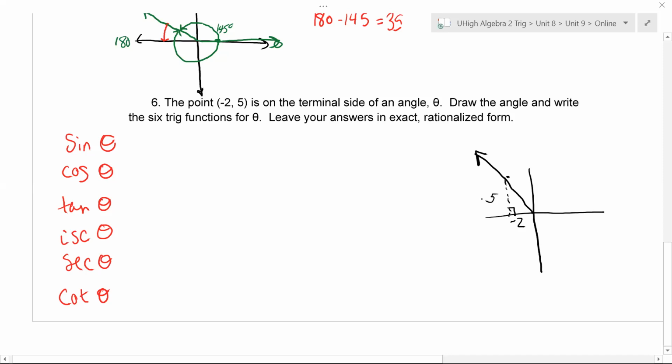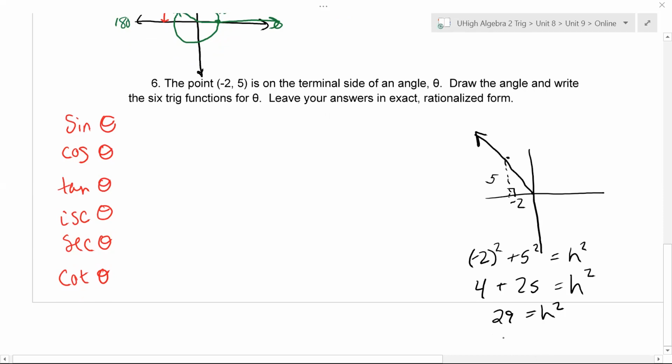So now I could do the Pythagorean theorem to find my hypotenuse. -2 squared plus 5 squared equals my hypotenuse squared. 4 plus 25 equals my hypotenuse squared, or 29 equals my hypotenuse squared. So h equals the square root of 29.